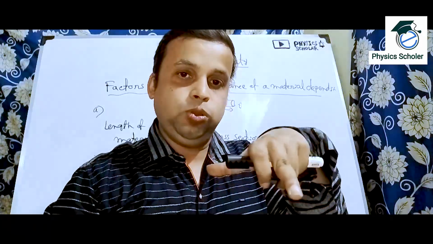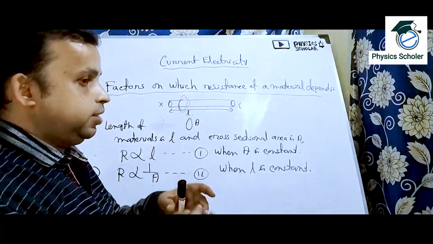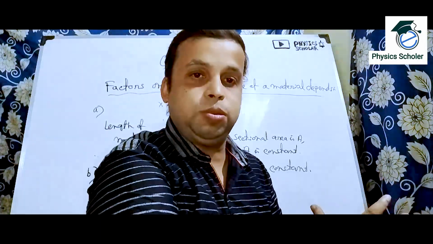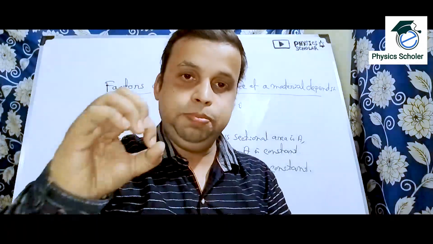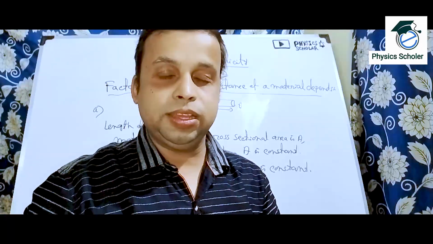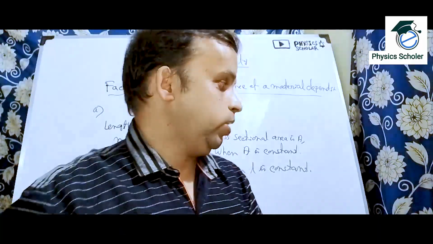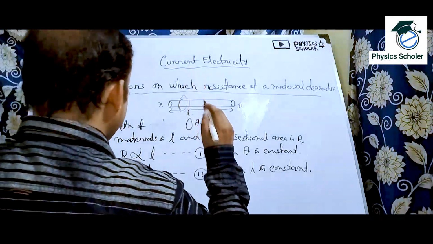So when the thickness or cross-sectional area of the conductor increases, a larger amount of current can flow through it, and if the cross-sectional area decreases, less current can flow through it. Why? Because the resistance will increase. So it is inversely proportional to this.